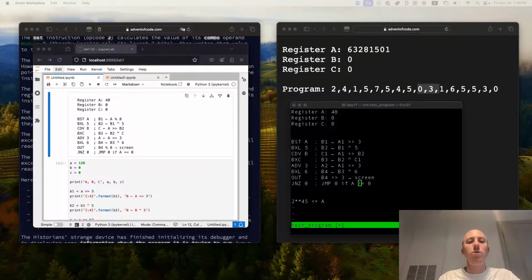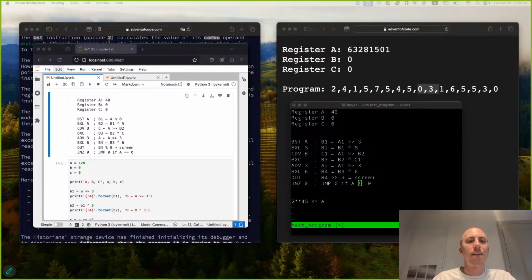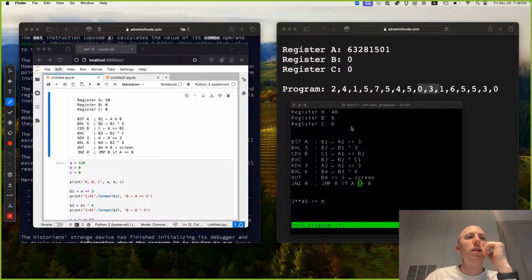Let me ignore C and see if something pops out. Let's just take out the step with C. So let's go back to B4, which has to be basically like this in order to output a 2.